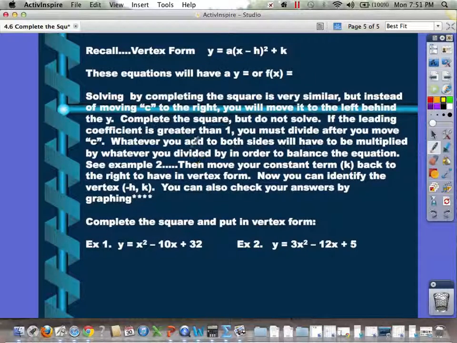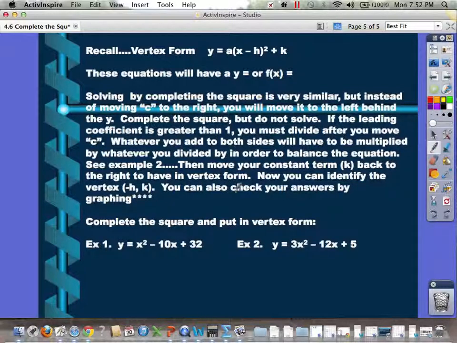All right, so when you finish this though, you will not solve it. You will instead have a y equals problem, just like the vertex form up here. So when you finish it, it'll be y something, and then it'll have the constant term put in the back of your parentheses, okay? So then you can find your vertex.